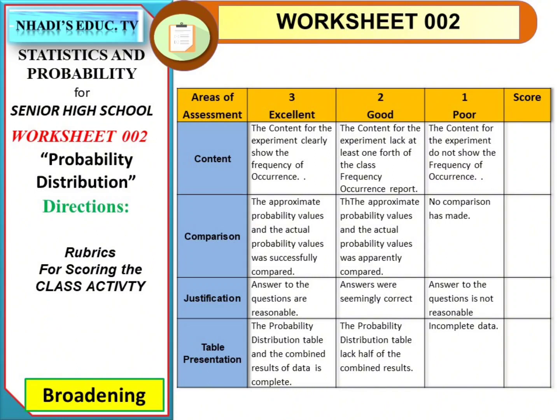Under justification, answers to the questions are reasonable. Then table presentation, the probability distribution table and the combined results of the data are complete. Beyond this, you will have a point of 2 and 1 for the poor.